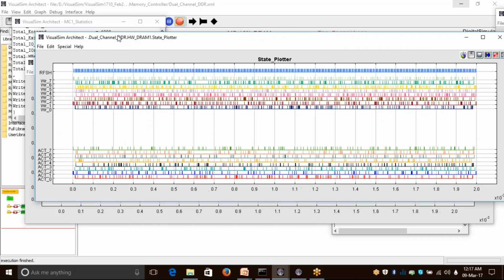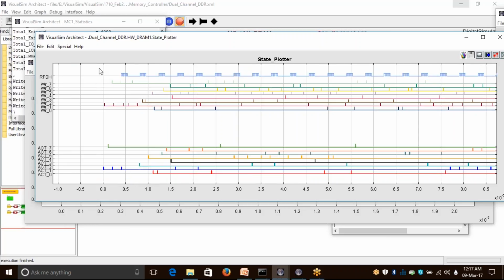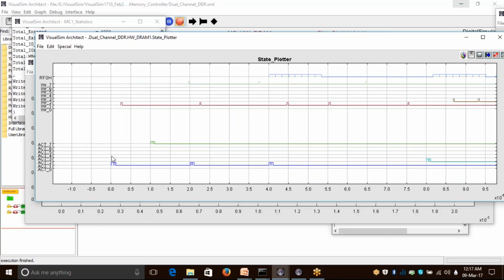And looking at this particular timing diagram, this tells me the memory signals. For example, we are looking at the activities across different memory banks and activate or pre-charge signal arrivals and things like that as well.